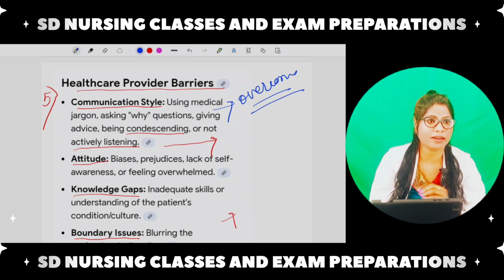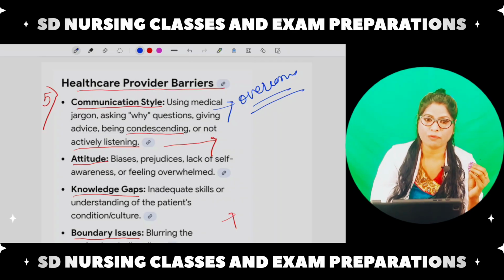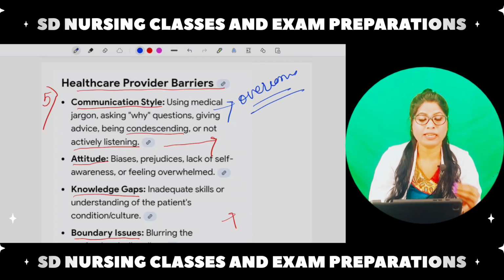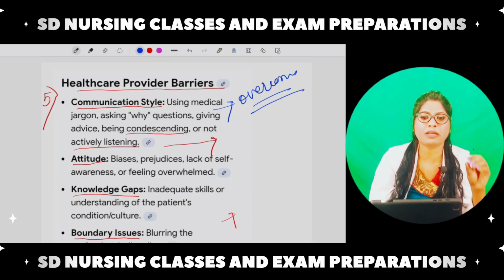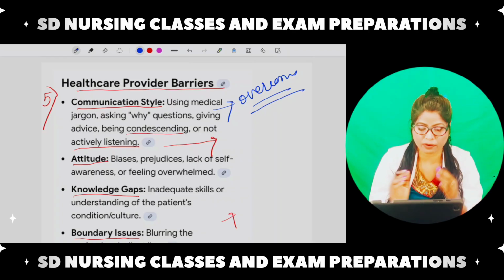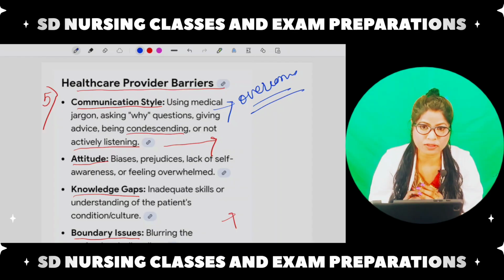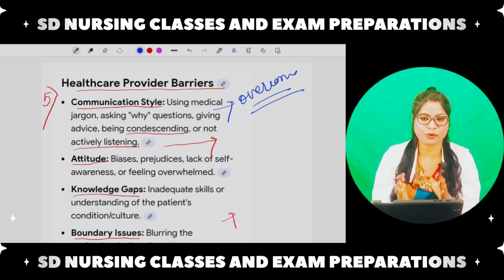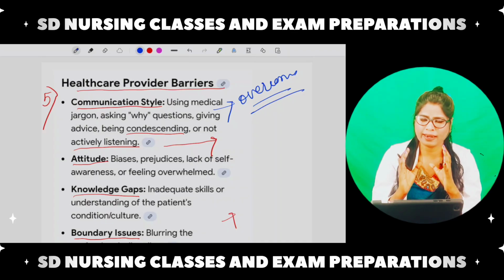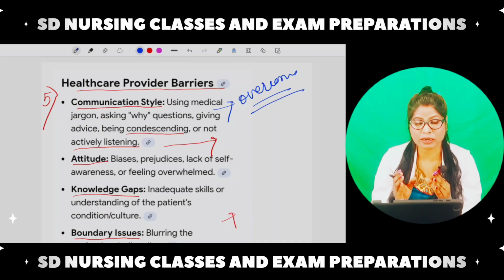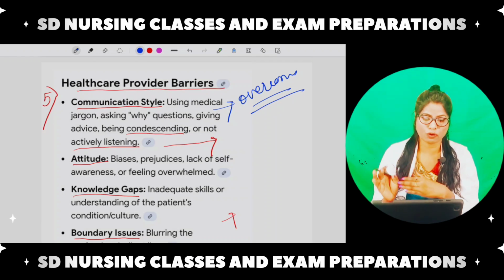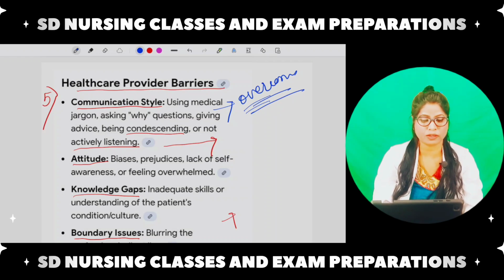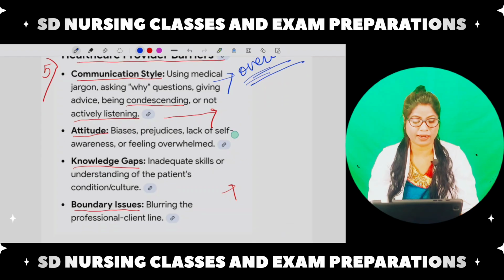Their personal life is not our business, and we should not go deep into it. Our work is to give the best care to the patient and show empathy, good behavior, and positiveness so that the patient can recover soon and go home. This is how to overcome the communication style barrier.